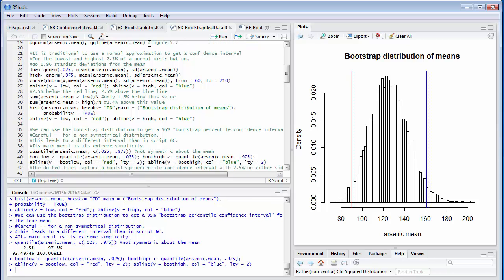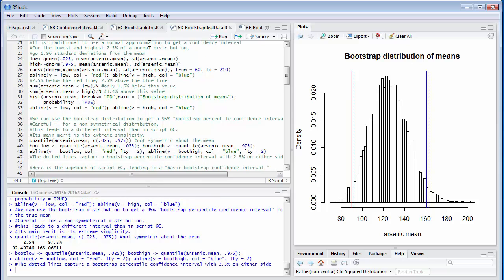And we plot those as dotted lines. So they capture a so-called bootstrap percentile confidence interval with 2.5% on either side. And if you look, you'll see it does now appear that the fraction of the time we're above the blue dotted line equals the fraction of the time we're below the red dotted line.